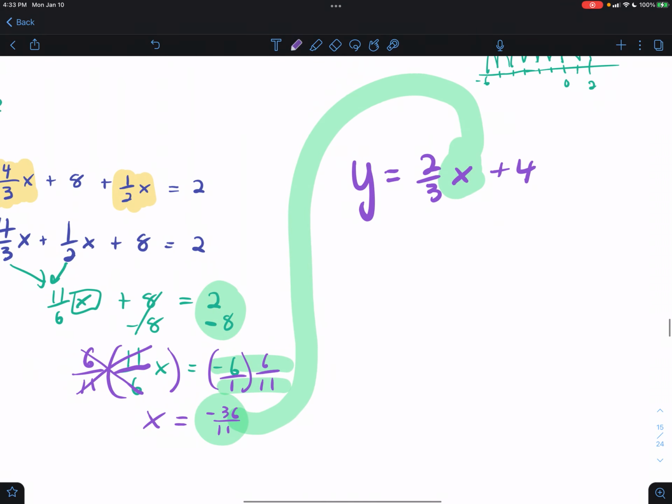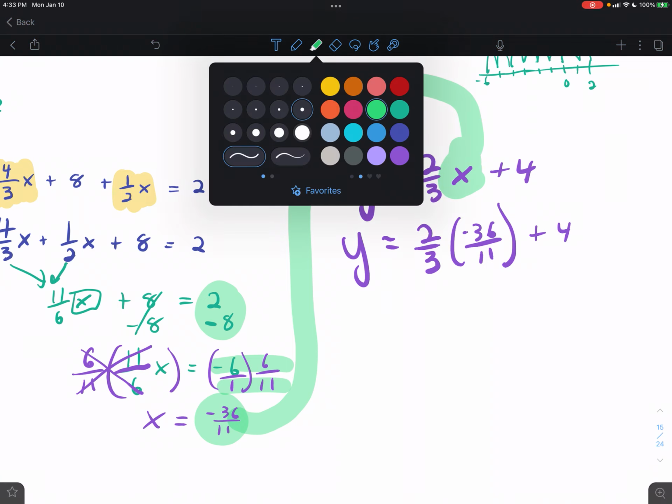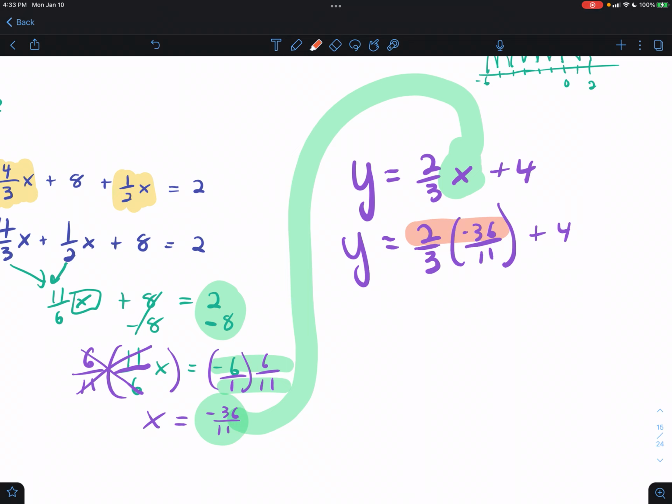When I do that, I'll have y equals 2/3 times -36 over 11 plus 4. Just multiply top times top, 2 times -36. So I'm going to get -72 over, and then 3 times 11, 33 plus 4.